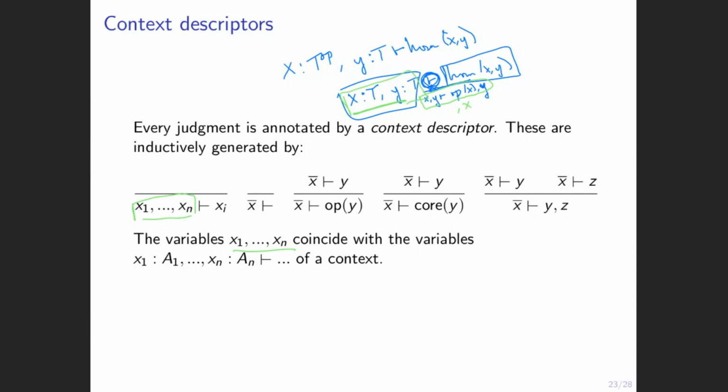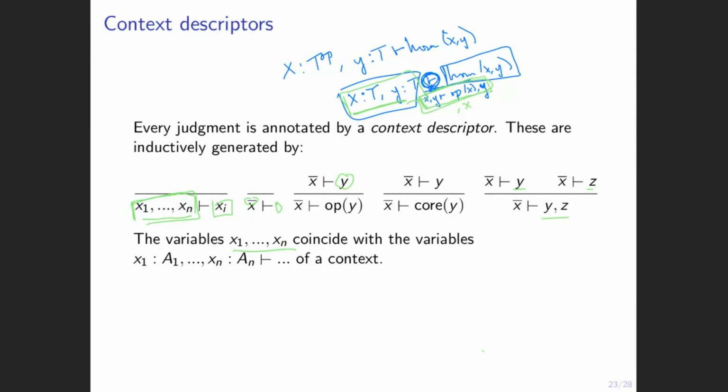So we can just say that xi is being used in a normal way, or that maybe none of the variables are being used. Here, hopefully it's clear, I'm using the bar to abbreviate x1 through xn. If we have that x bar produces y, then x bar can also produce op y, also core y, and if it produces y and z, then it can also produce y comma z, so that we can build up expressions like this.